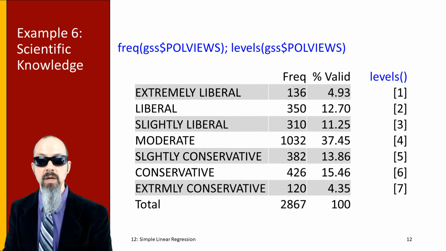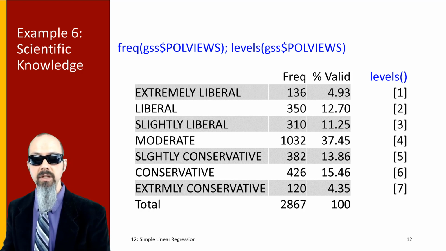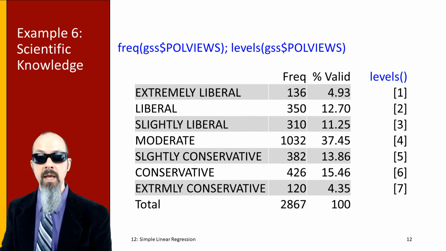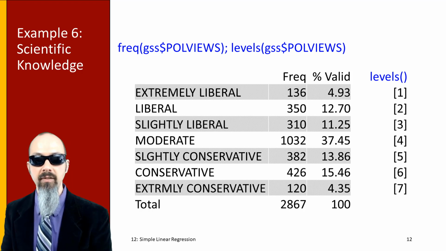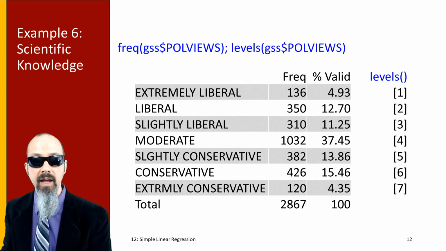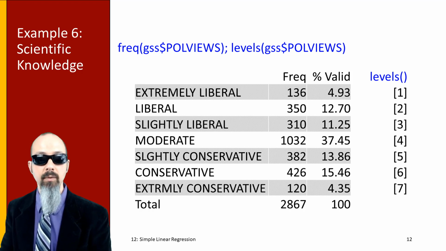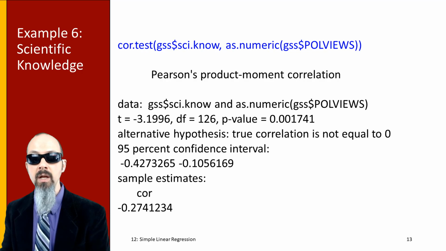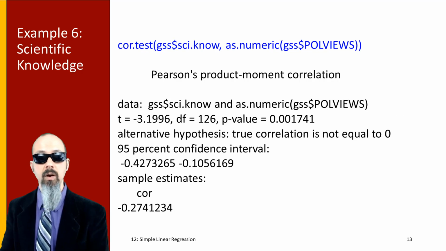And now I'm going to go ahead and take a look at my independent variable. I'm going to use the political values here. So here I'm looking at a 7-point ordinal scale to go from extremely liberal to extremely conservative. And 1 would be liberal, with conservative being 7, high. So as my ranks get higher, I am more conservative. Let's go ahead and see what this looks like when I do my correlation.